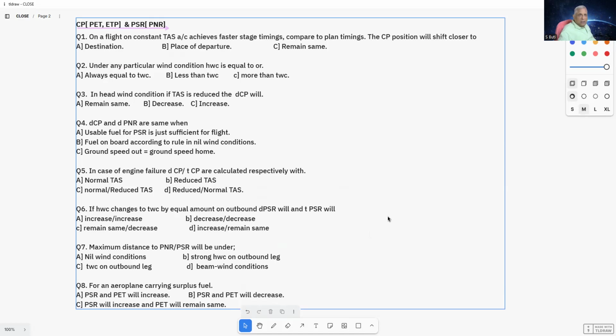If you are on both engines and there's no emergency, then your CP and critical point will be coincident only if you are carrying only the flight fuel and nothing surplus. If you are carrying any surplus fuel, then the PNR will be after your critical point.